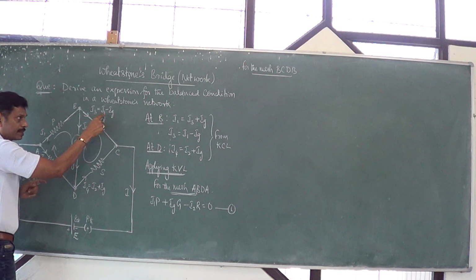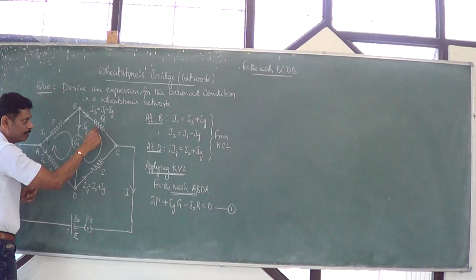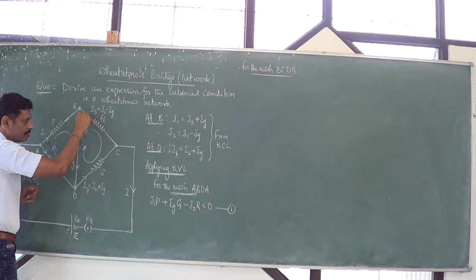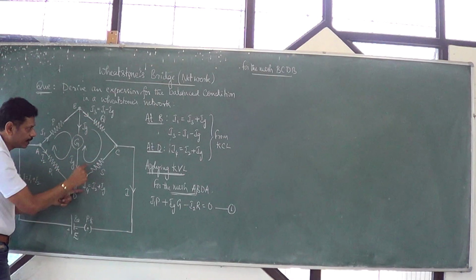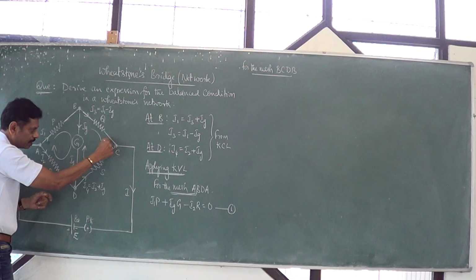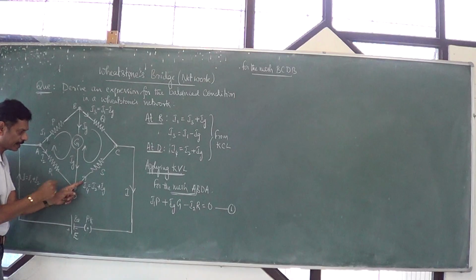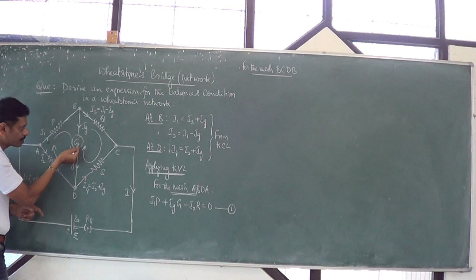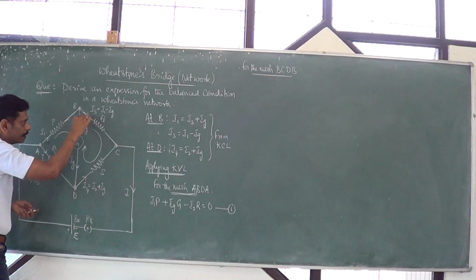I3. Otherwise directly you can write I1 minus IG, no problem. I3 into this, current into resistance. I3 is flowing clockwise. Minus I4 here, you can observe that it is coming in the opposite direction, therefore I4 is negative. Ig is negative. A very crucial, important idea.